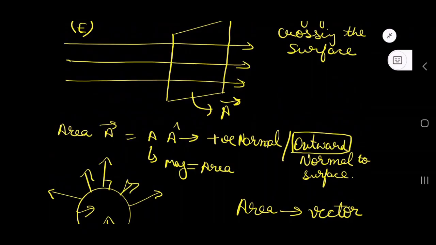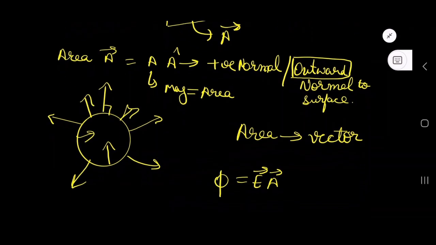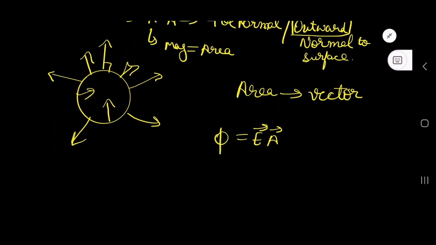As I earlier mentioned, the orientation of the planar surface is one of the important major factors. So it will be equal to cos theta. Now we can write it as E dot A. So it is the dot product of the electric field and the area vector, and this whole quantity, this flux, is now a scalar quantity, right?